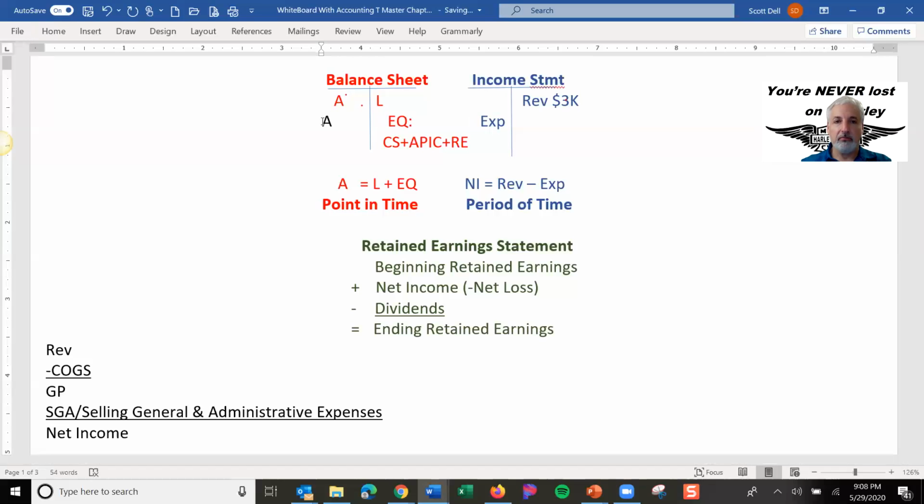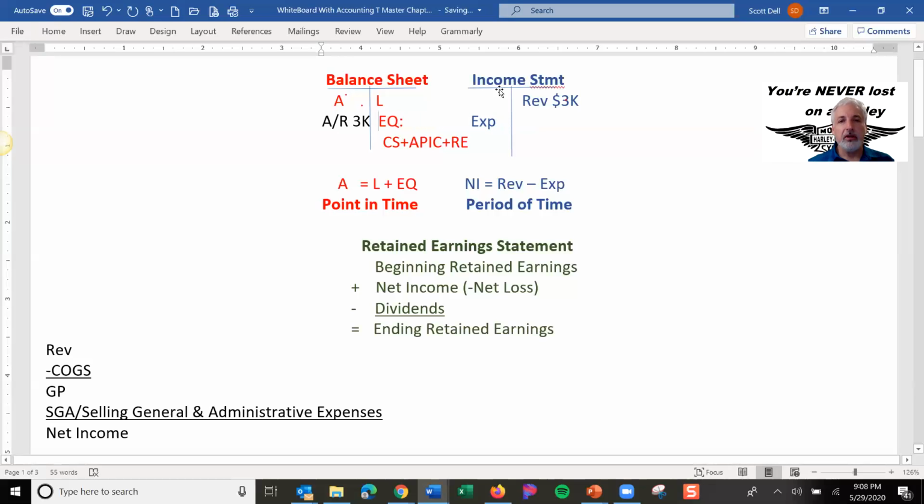So let's say they owe us the money. That means someday they'll pay us. We're recognizing the revenue. Immediately, our retained earnings went up $3,000. We're up 3K, and we're in balance just from that one transaction.